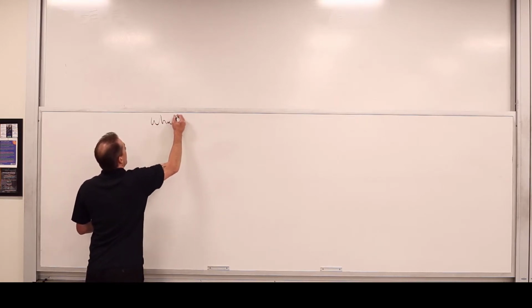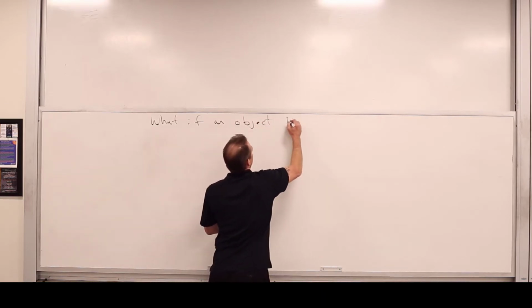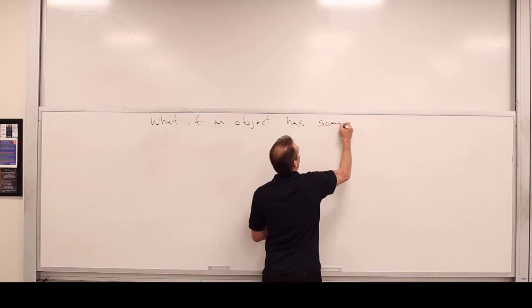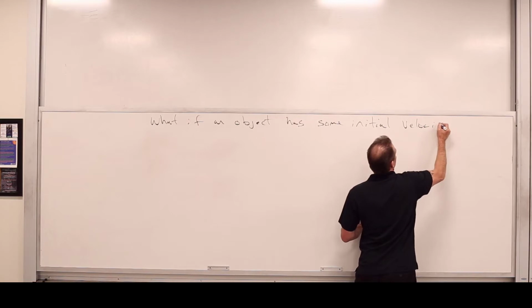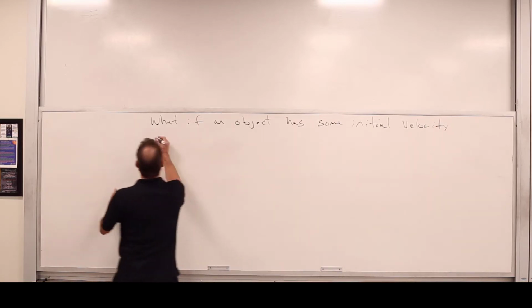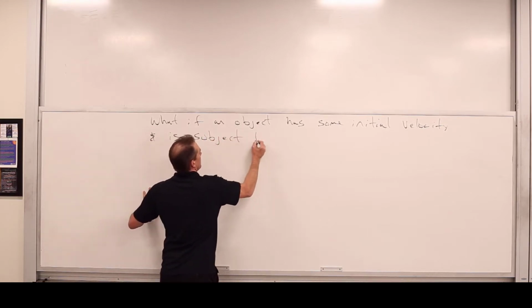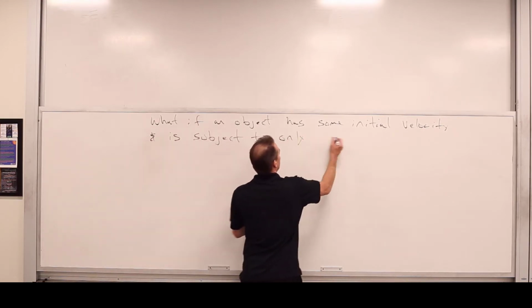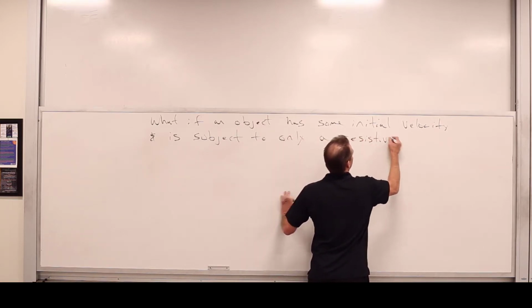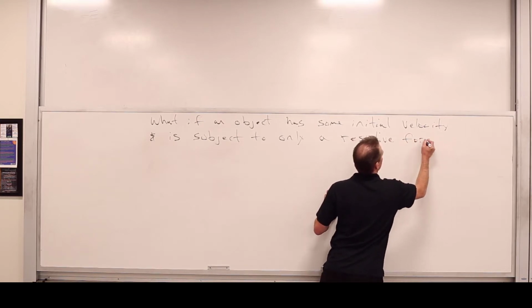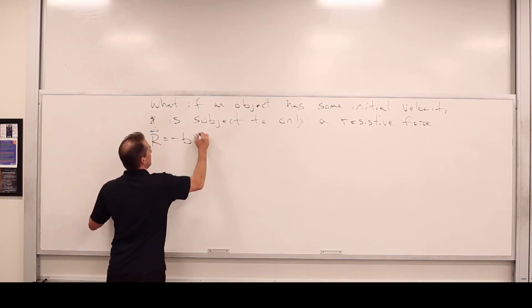So, what if an object has some initial speed or initial velocity and is subject to only a resistive force, R hat is equal to negative B V hat?